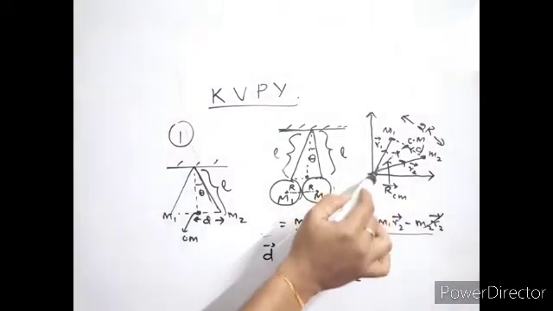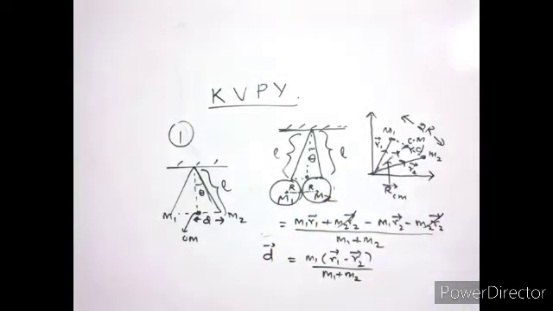Now as you can see, r1 minus r2 vector, from the position vectors, we can write the magnitude of d, d mod, is equal to m1 times the magnitude of r1 vector minus r2 vector, divided by m1 plus m2.